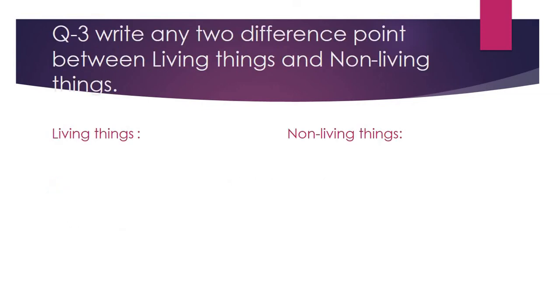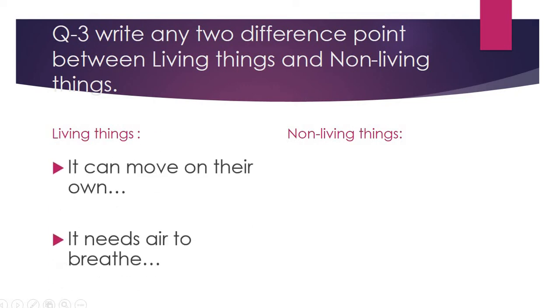Question 3. Write any two difference points between living things and non-living things. You can see how I have already prepared two columns. So students, I request you to make this kind of headings. Can you see, living things, and then I have kept the space, and non-living things, so that you can write it down under these columns.